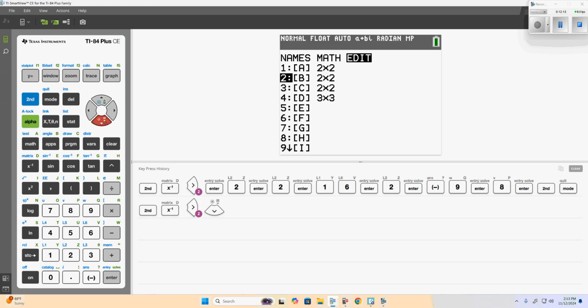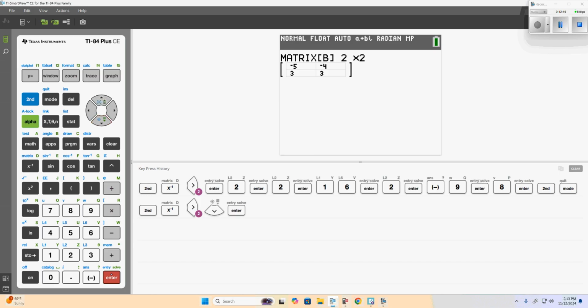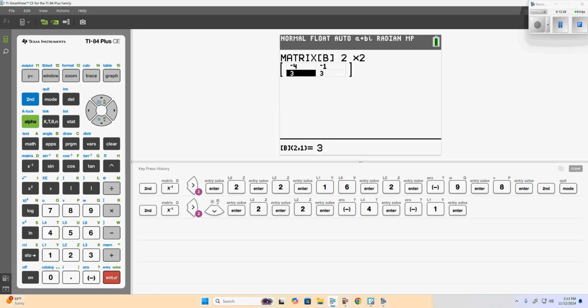So we can press down and go to matrix B. The number next to B has been selected, we hit enter. And we do the exact same thing. We'll say 2 by 2. But this time it's going to be -4, -1, -3, -7. Are we able to get both in?